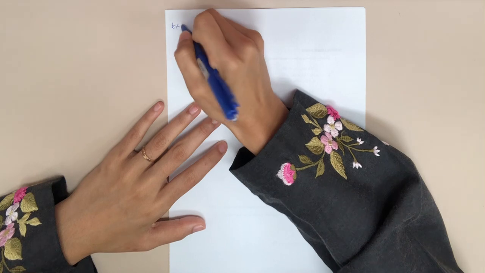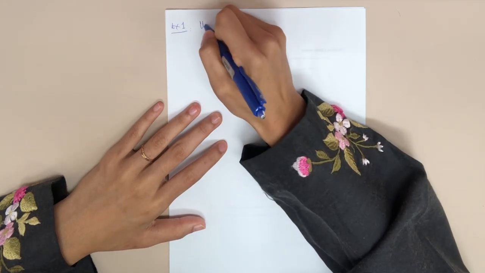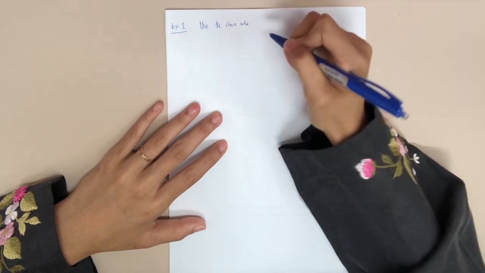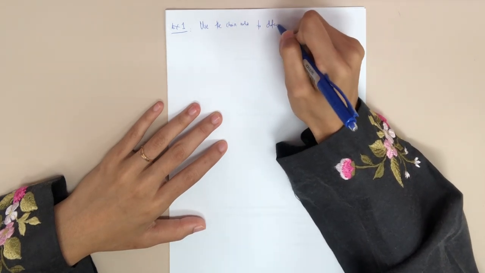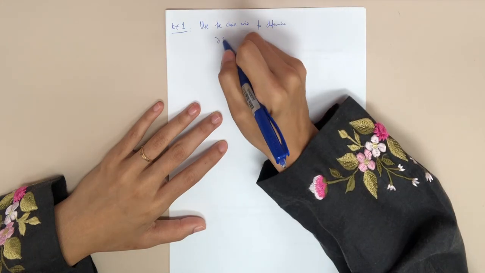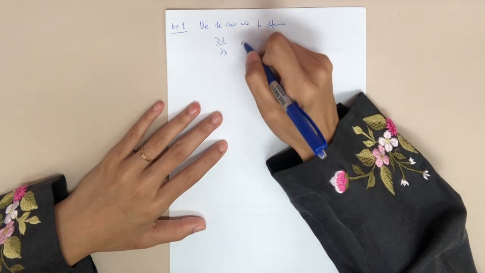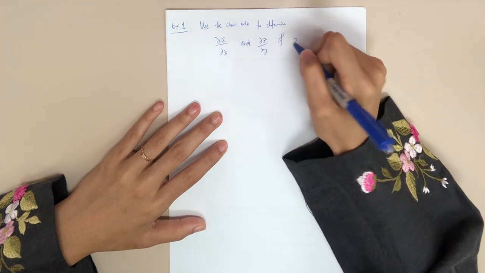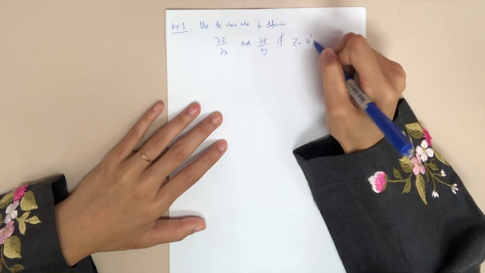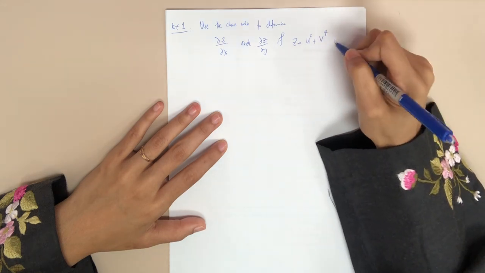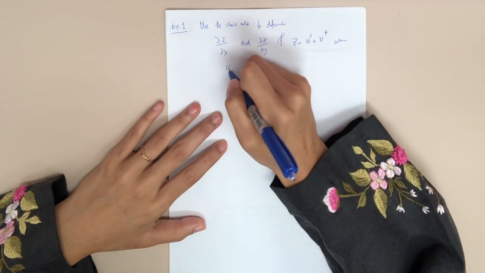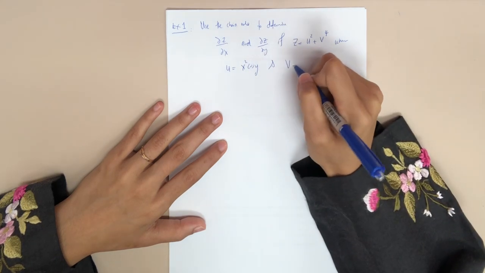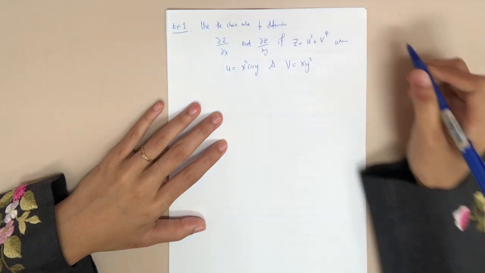Example 1: use the chain rule to determine dz/dx and dz/dy if z is equal to u squared plus v to the power of 4, where u is equal to x squared cos y and v is equal to x y cubed.